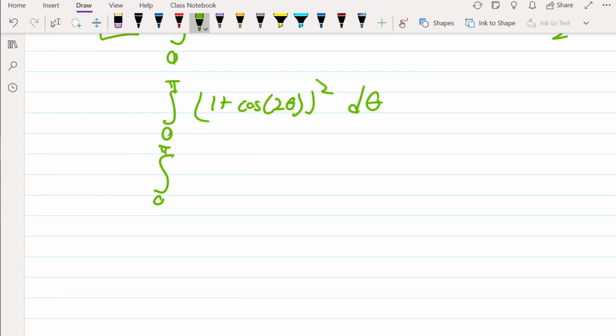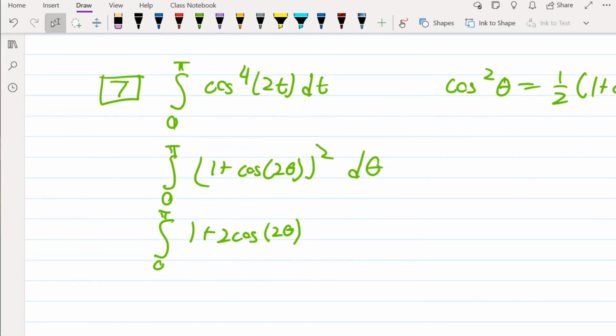That'll be from 0 to pi of 1 plus 2 cosine of 2 theta. Wait. Oh, no, I'm using... Okay, never mind. I see what I did wrong. Since it's 2t on the inside, that's going to be 4t.